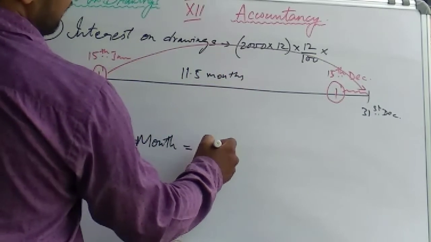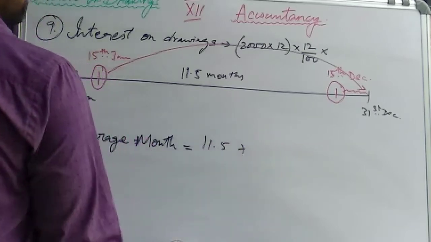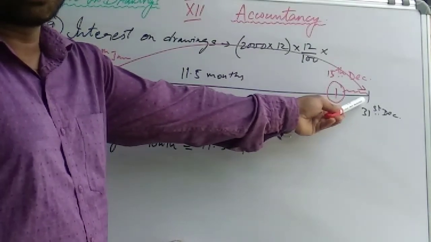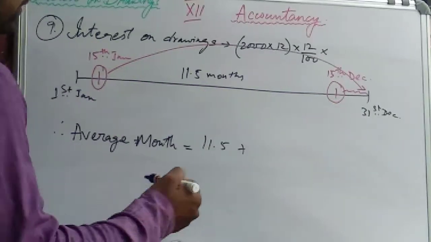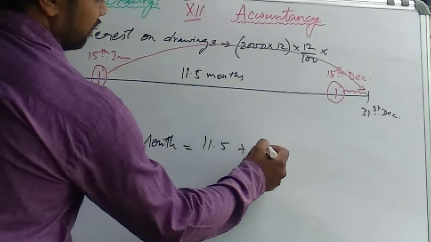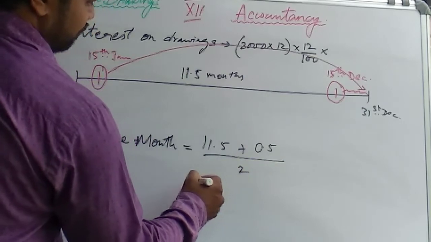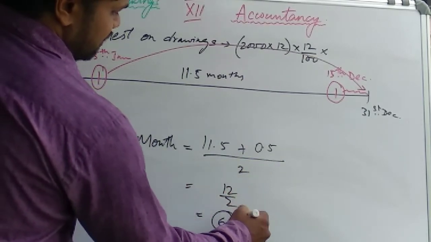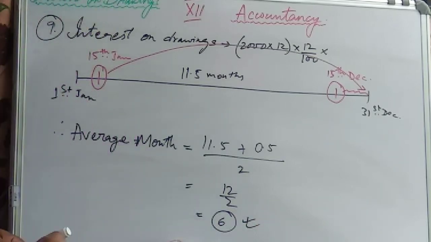So we are going to write 11.5 plus, from 15 December to 31st December is half of the month. That's why we are going to write 0.5 and divide this by 2. So 12 divided by 2, the answer is 6. Clear?